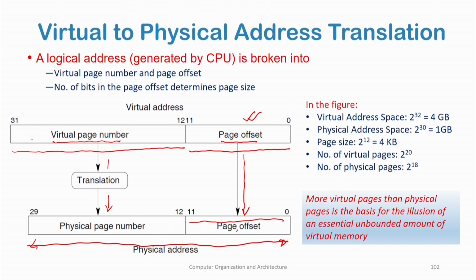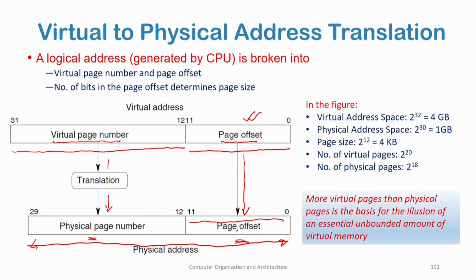This virtual page number, these bits will go through a translation, and this 20 bit address will be transformed to a corresponding 18 bit address, and after the translation we will together add up this physical page number and this page offset to get the entire physical address. This is the frame address, and this is the byte within the page frame that I require.